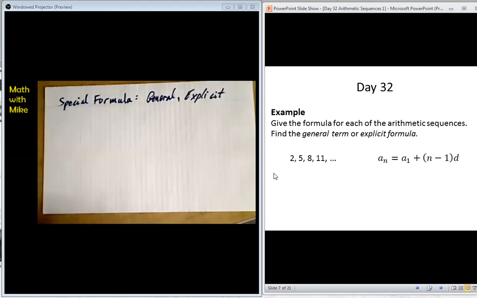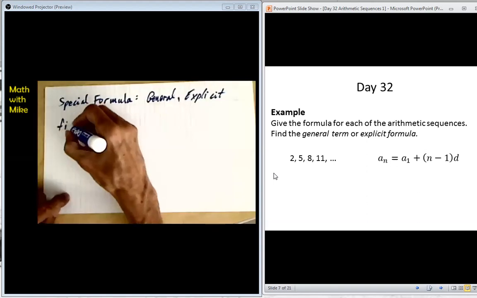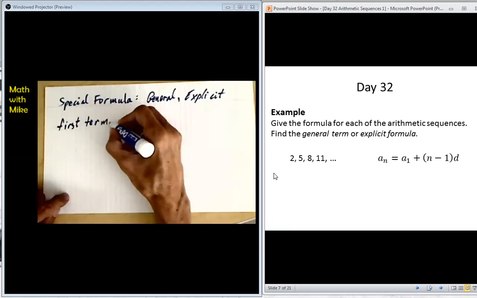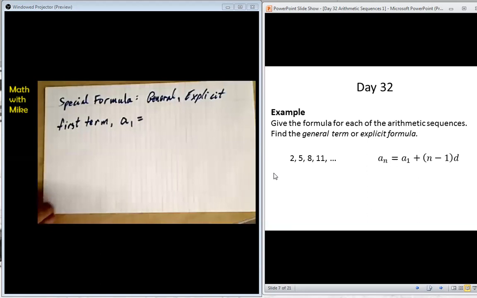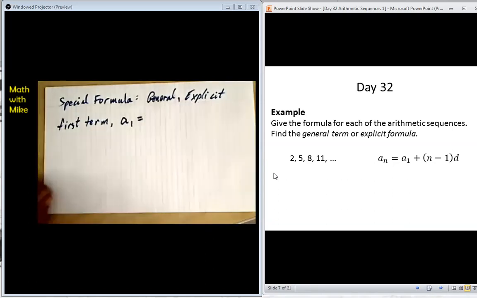So taking a look there, we need to know what the first term is, because the first term is A1. And if you check that out, that's what's in the formula that we have there. So the first term on our list there is 2, right? Yep.